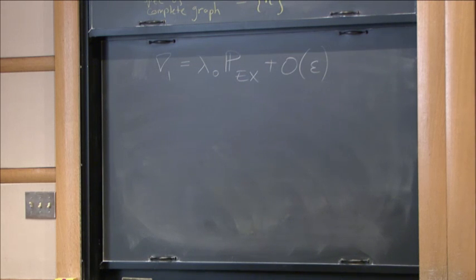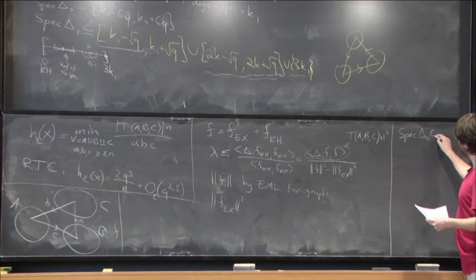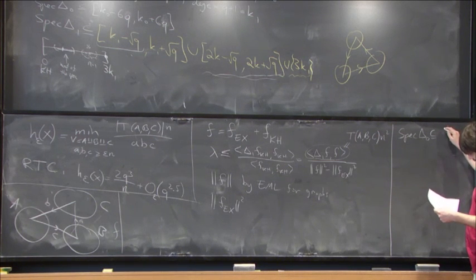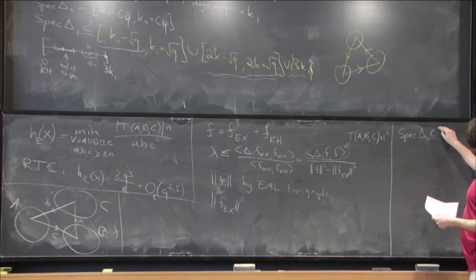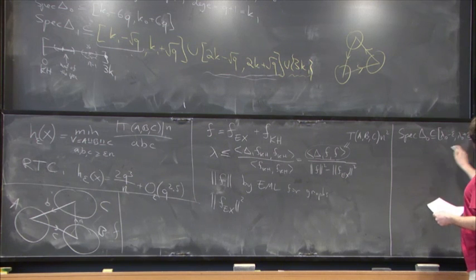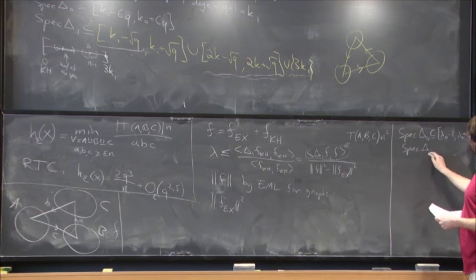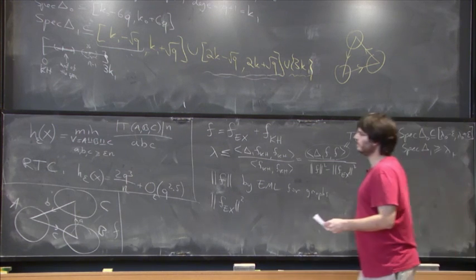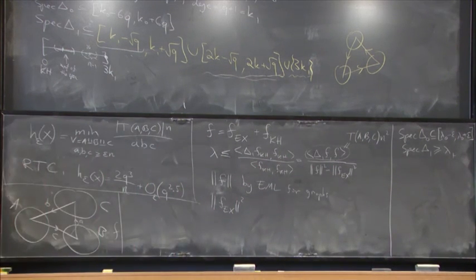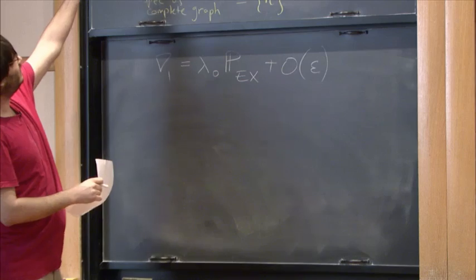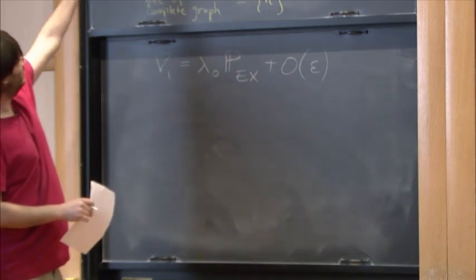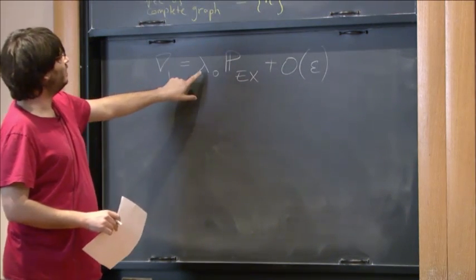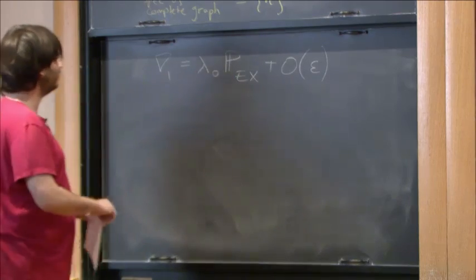What we have now is that the spectrum of delta 0 is between lambda 0 minus epsilon and lambda 0 plus epsilon, and the spectrum of delta 1 is at least lambda 1. So it's almost the projection times lambda 0, but also I have an error term.